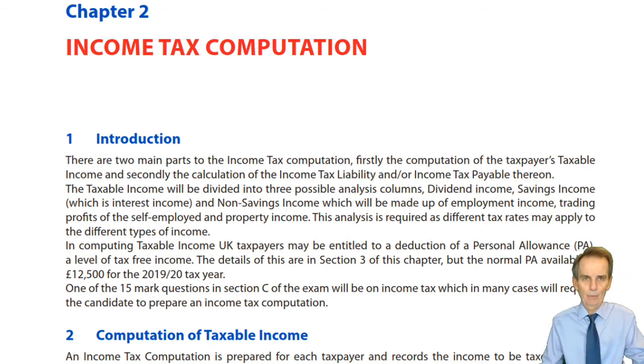The second part of the computation is, of course, having computed what is chargeable to tax, the taxable income, we then have to calculate the tax thereon. And the first such figure of tax to be computed is what we will call, and we'll see in the pro forma computation in a moment, the tax liability.